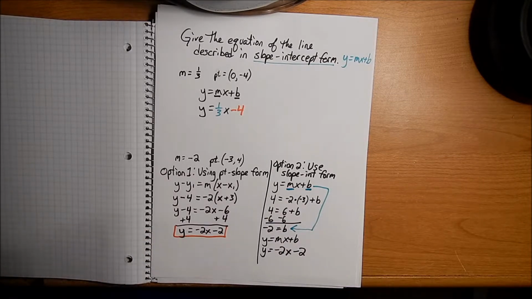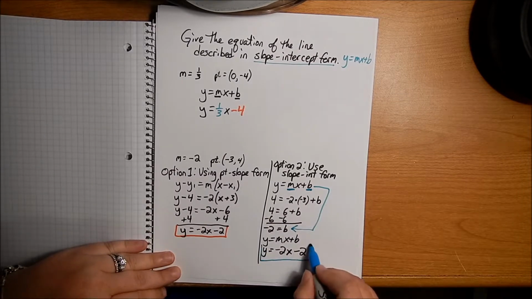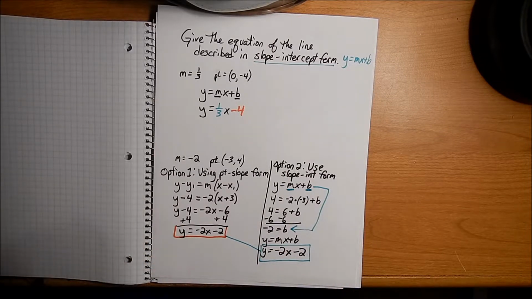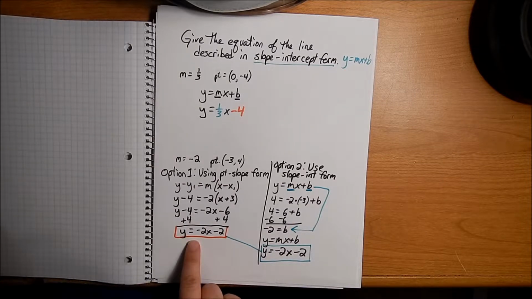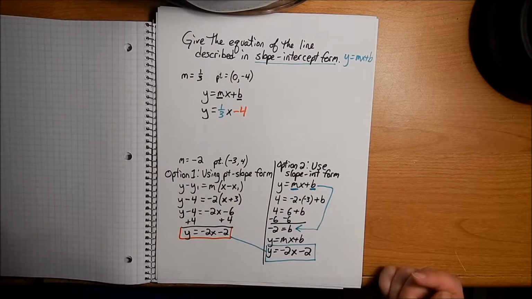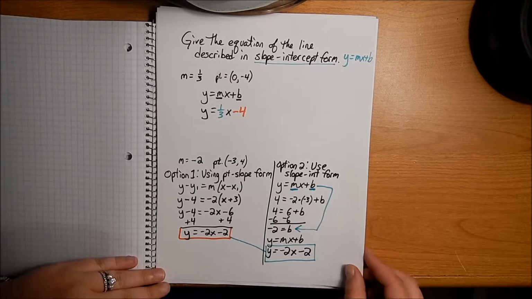And if you notice, these 2 are exactly the same. So it doesn't matter which option you go with. I think that this one's a little bit easier, but if you blank out and you don't remember this formula, you're going to have to go this route. Okay? So there's 2 different ways to get the equation of the same line in slope-intercept form. Alright, let's check out what's next.